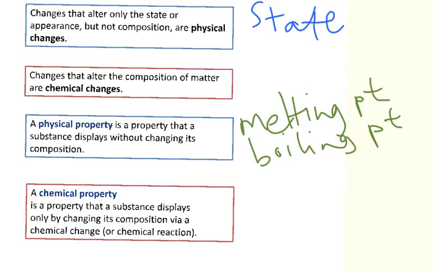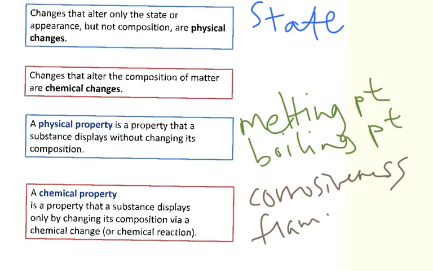Chemical properties, on the other hand, require a chemical reaction. Examples of chemical properties would be corrosiveness or flammability, that sort of thing.